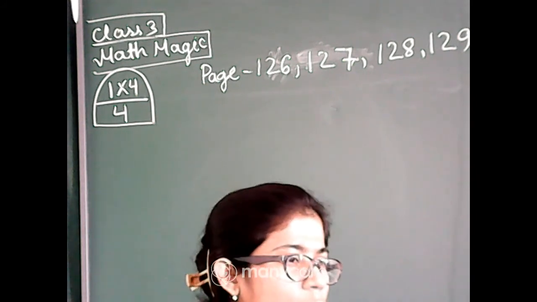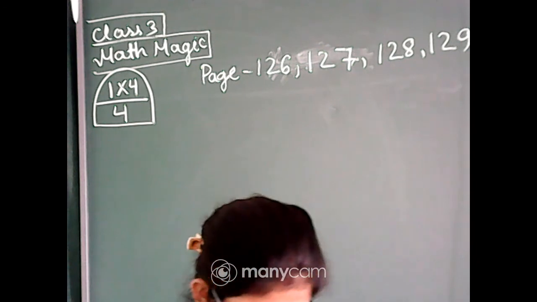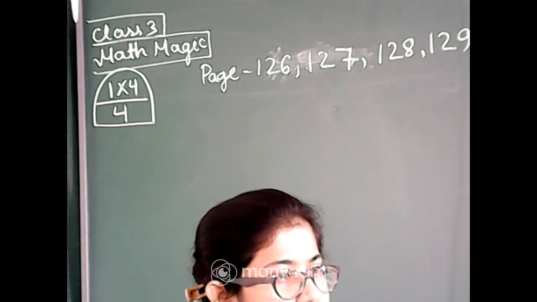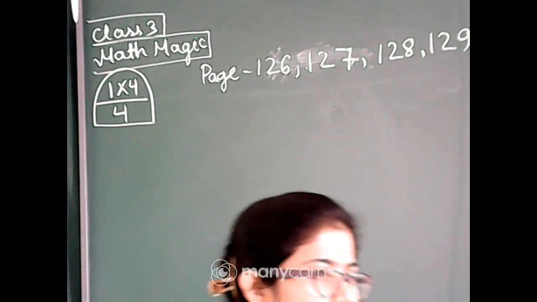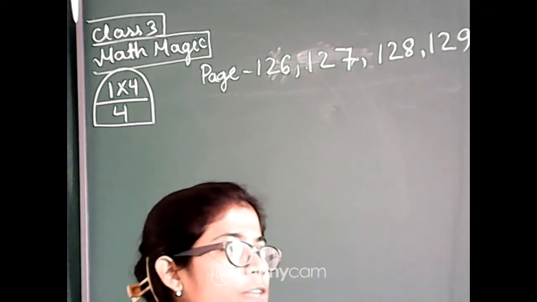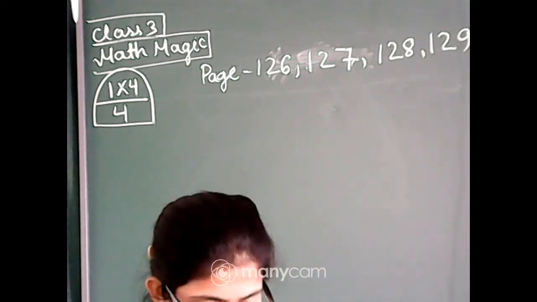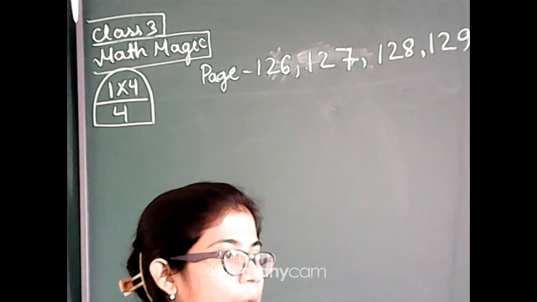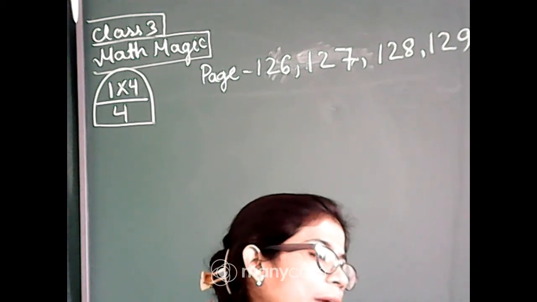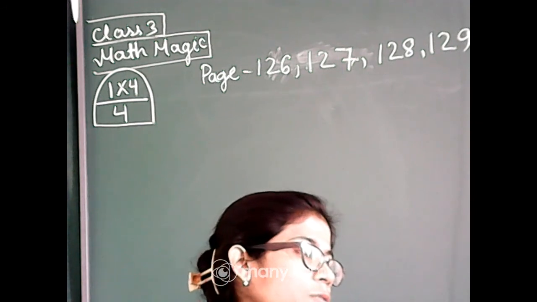Arindam Ghosh, page number 127. 3 nines are 27. On page 127, first you have written 37, then after that you wrote 27.